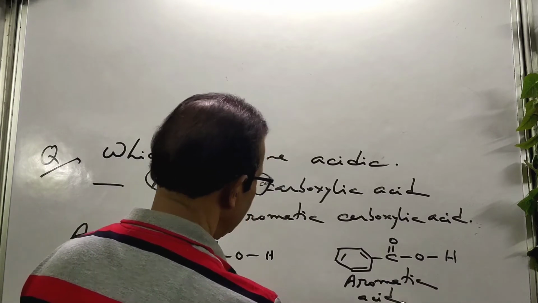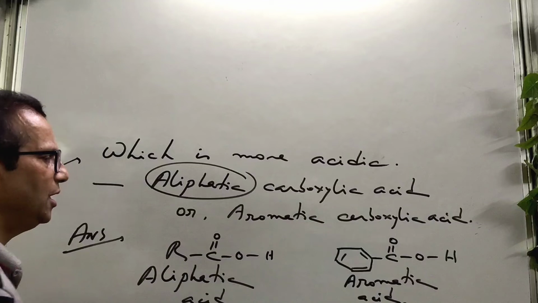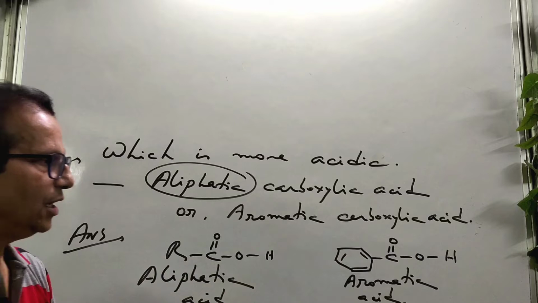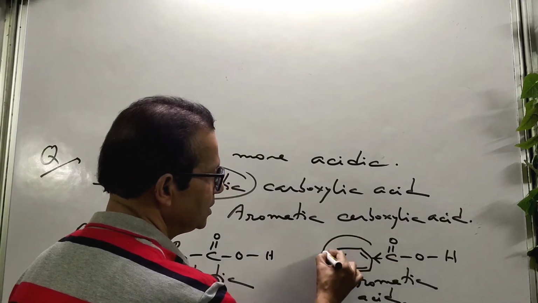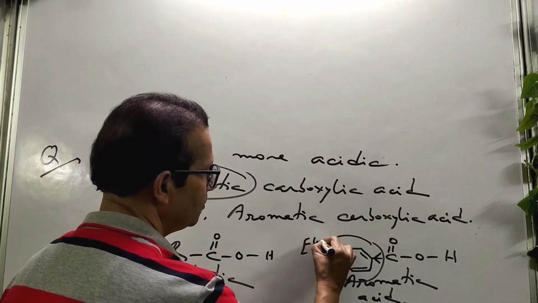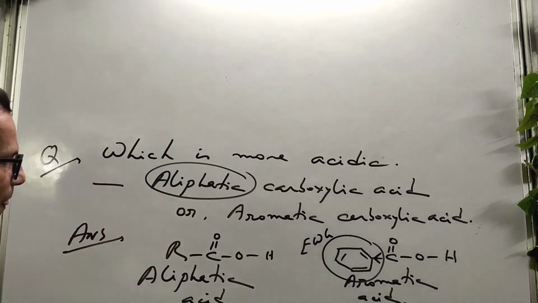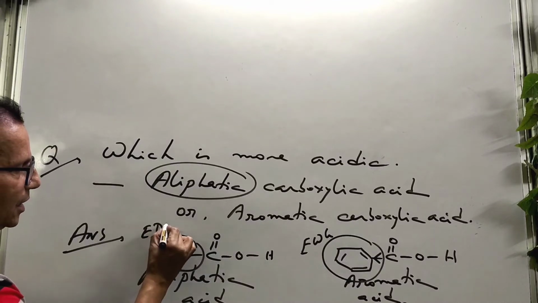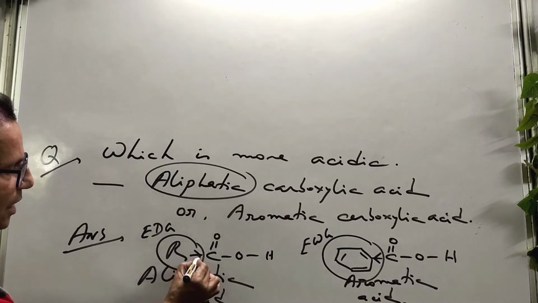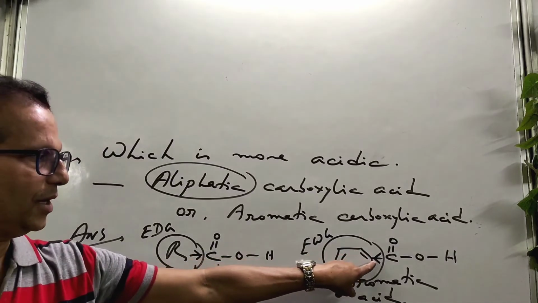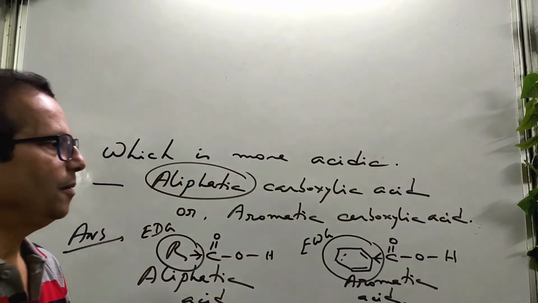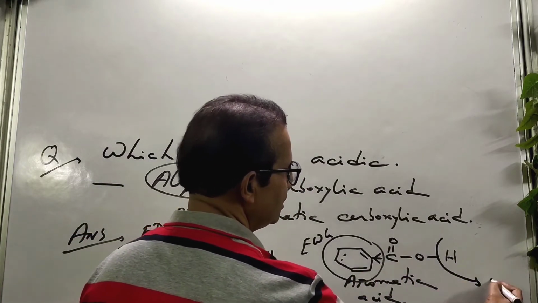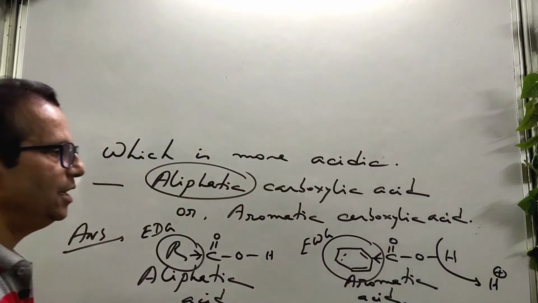So listen, you know that benzene has electron withdrawing nature. This is electron withdrawing group. Any alkyl group has electron donating nature, so it donates electron, and you know that presence of electron withdrawing group makes the releasing capacity of hydrogen easier. That's why the acidity increases.